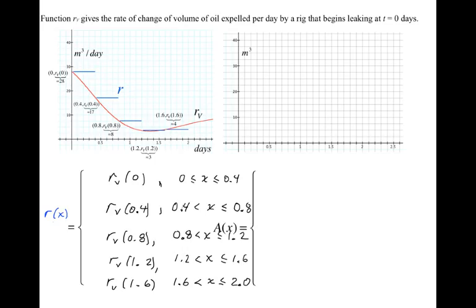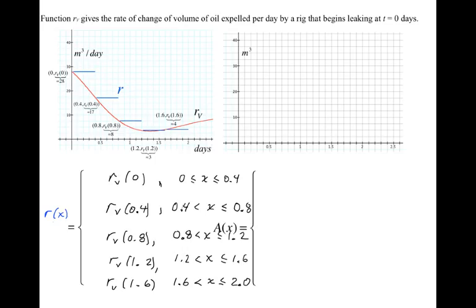We're just going to use R to build the accumulation function, which we call capital A. All right, so where R is the approximate rate of change function, capital A is the approximate accumulation function. It's approximate because it's built from R, not R sub V. Okay, makes sense? All right, how are we going to do that?